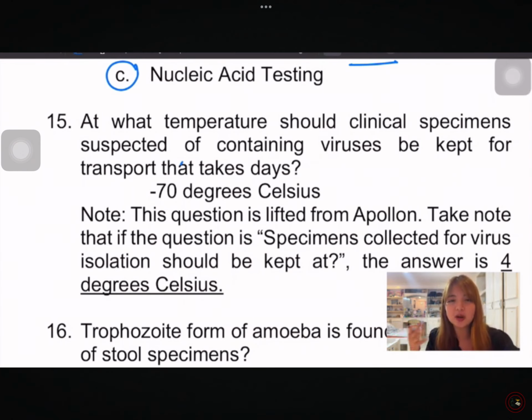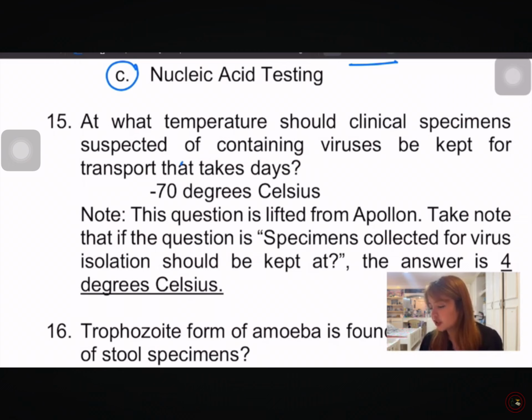Apollon is another review booklet with practice questions that you can also use to review for the boards. The questions here are relatively straightforward, so if you want back-to-basics questions, Apollon is very good for review.